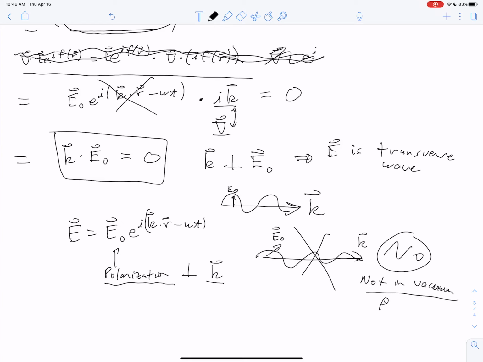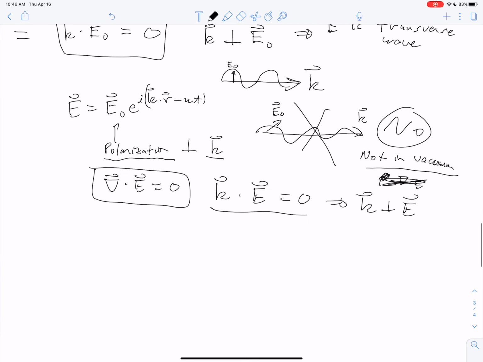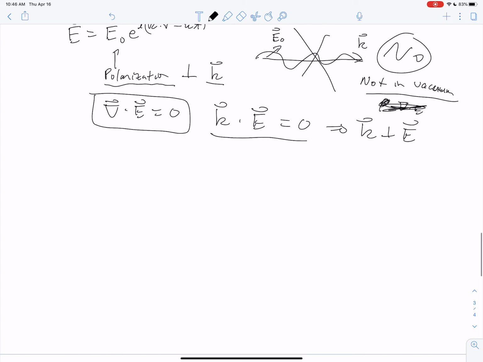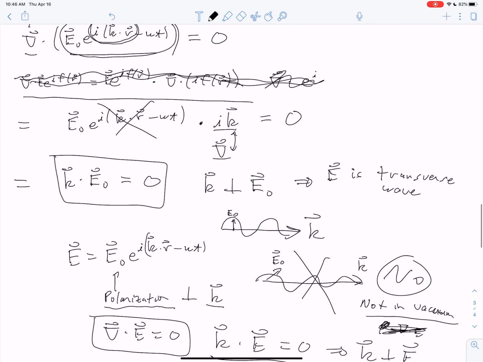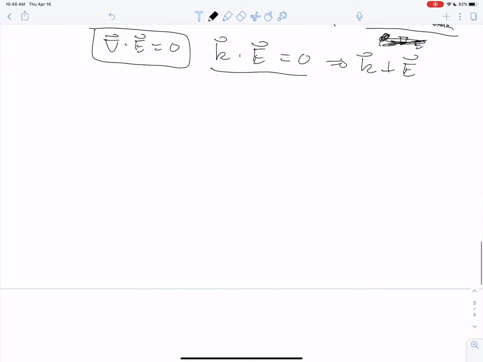Because del dot E equals 0 means that k dot E equals 0, which means that k and E are perpendicular. So the lack of any material in the presence of the wave means that the wave has to be transverse. And that's a simple thing to see. The math is simple. I'm sorry that I screwed up on this derivative. I sometimes screw up on simple math, but you should just do it on your own and see for yourself.